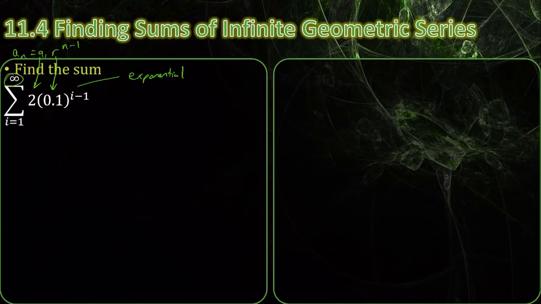Since it's infinite, the sum is a1 over 1 minus r. a1 is 2, r is 0.1, so that's 2 over 0.9. I don't want a decimal in my fraction. I'm going to multiply the top and bottom by 10. Gives me 20 over 9.